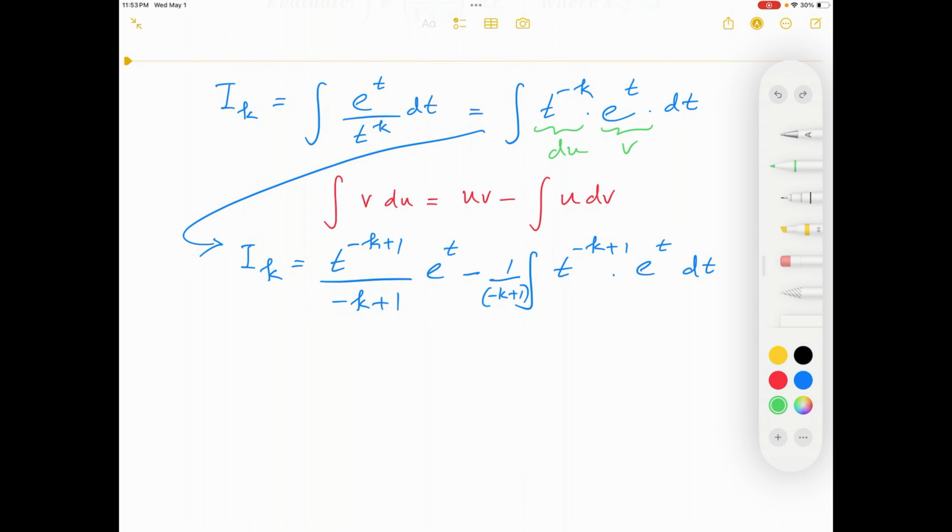Alright, let's do that. Now I sub k is going to be equal to, I will write down that numerator as it is, t raised to the negative k plus 1 times e to the t. From the bottom, I'm going to factor out a negative 1. That negative 1 I will just write as a negative symbol on top.